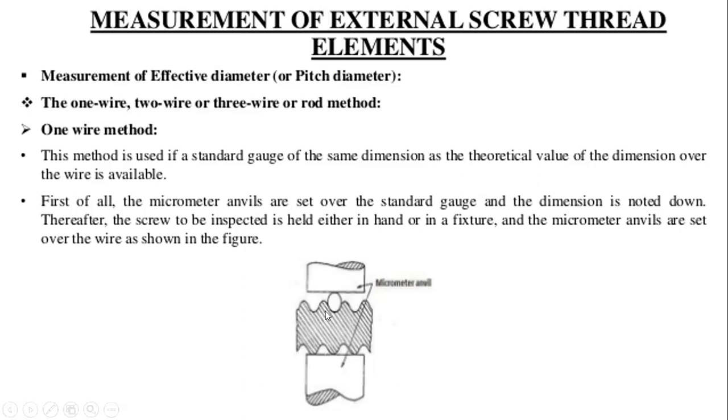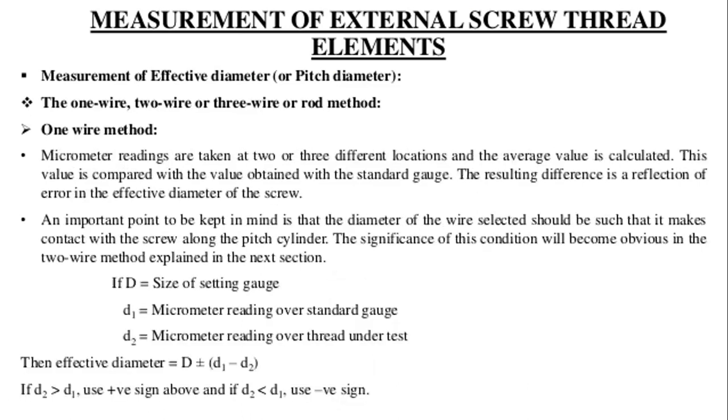This is the micrometer anvil which is fixed over the one wire. So these are the elements to be taken.